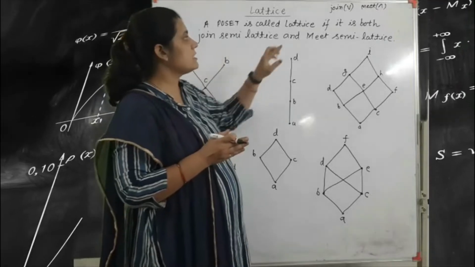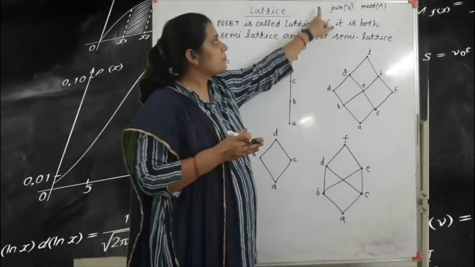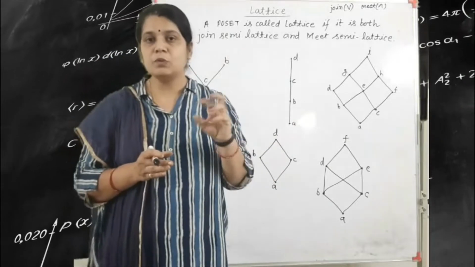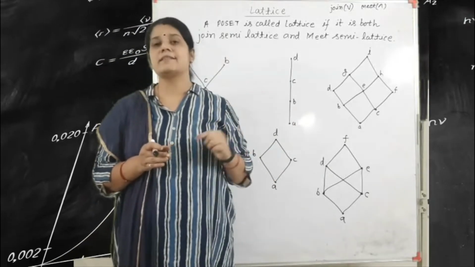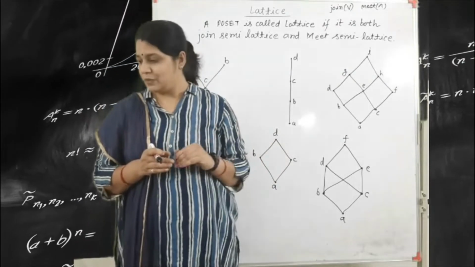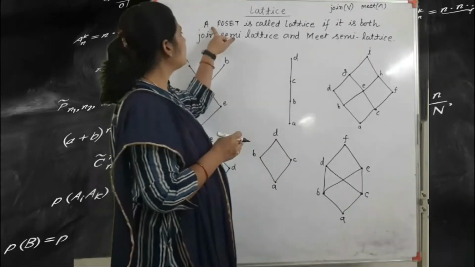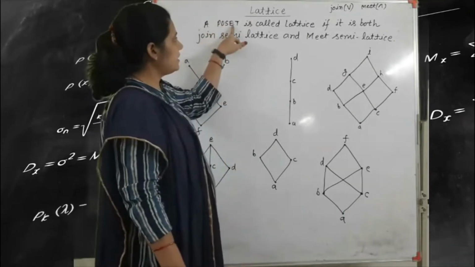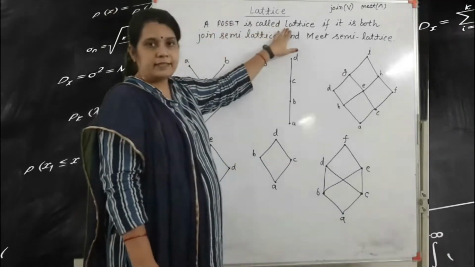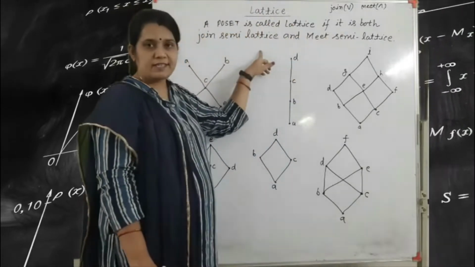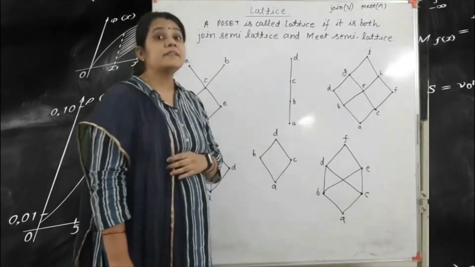In case your Hasse diagram has both the join similarity and the meet similarity present, then we can say that this Hasse diagram is a lattice. So what is the definition of a lattice? A poset is called a lattice if it has both join and meet.